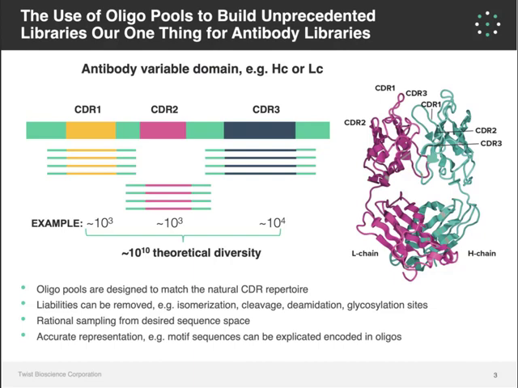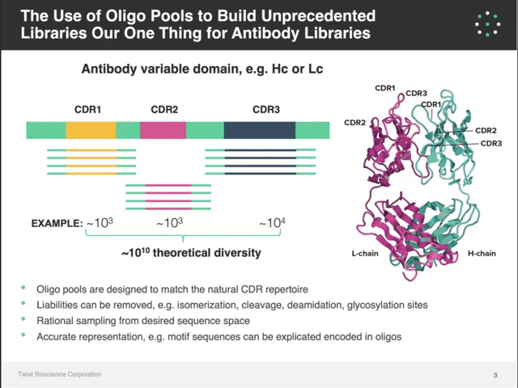Shown here is just one example where we might have a heavy chain domain library that we're trying to make, where we might make, for example, 1,000 oligos that encode for the diversity in CDR1, another 1,000 for CDR2, and maybe 10,000 or more for CDR3. The reason why making libraries in this way, in my mind, is really game-changing is that when I synthesize those oligos in those pools, I can make sure that they exactly match the human repertoire.